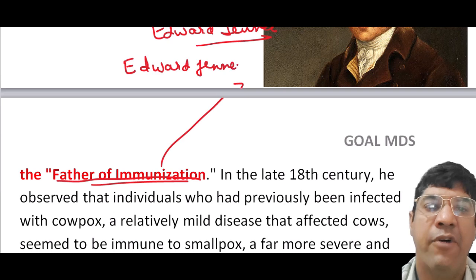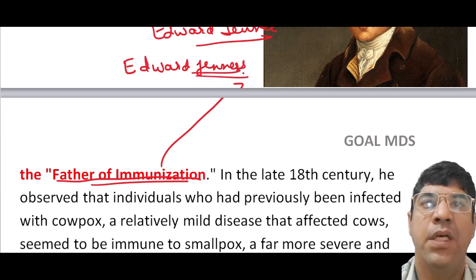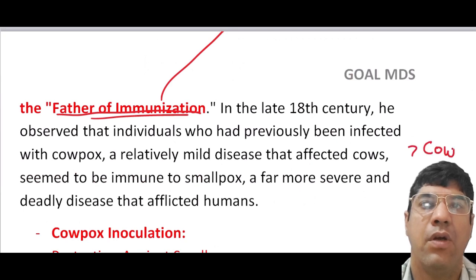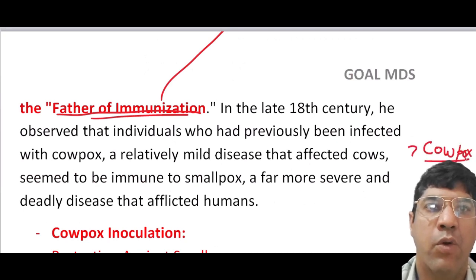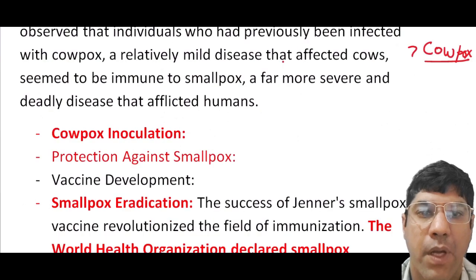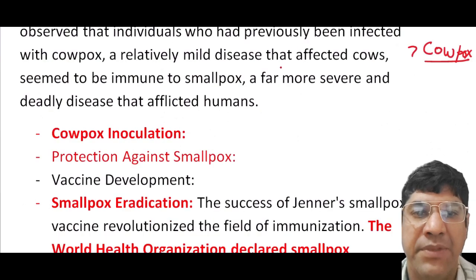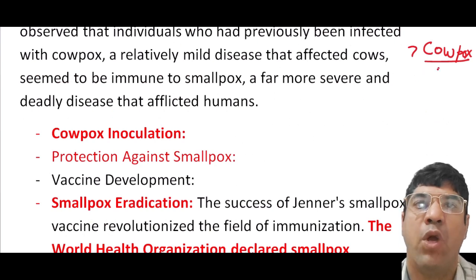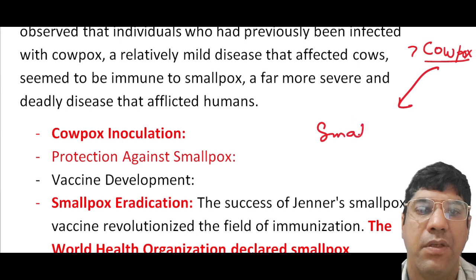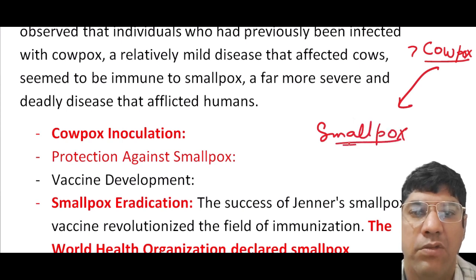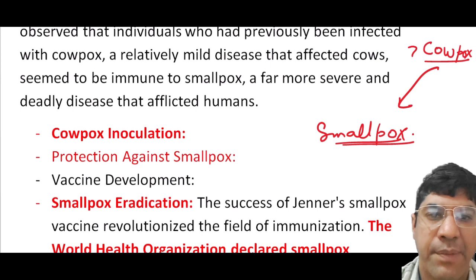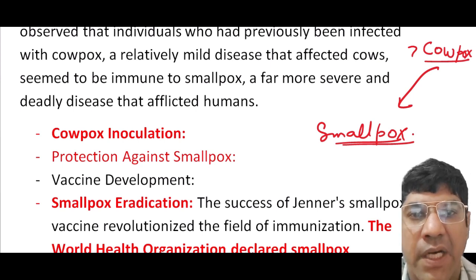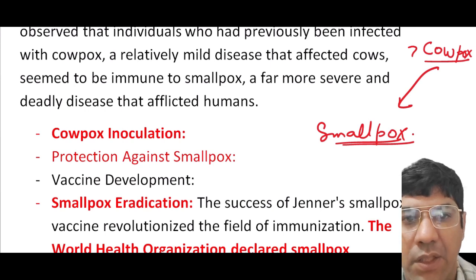So what he did was he used material from the cowpox to inoculate people and demonstrated that it could protect them against smallpox. So he laid down the foundation for the principle of vaccination. So that is why he is known as father of immunization.